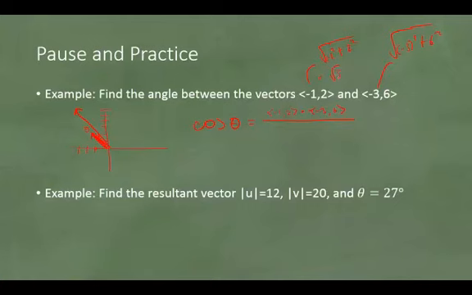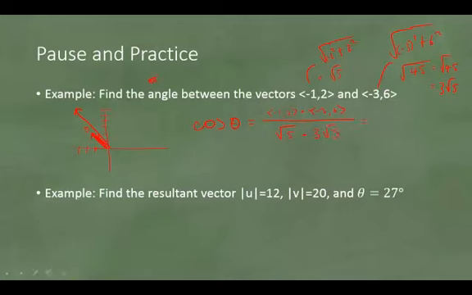This is 9 plus 36 is 45, the square root of 45, which is 9 times 5, which is 3 square roots of 5. Okay, let's see what the dot product would be. Let's put the magnitudes in the bottom here: square root of 5 times 3 square roots of 5.